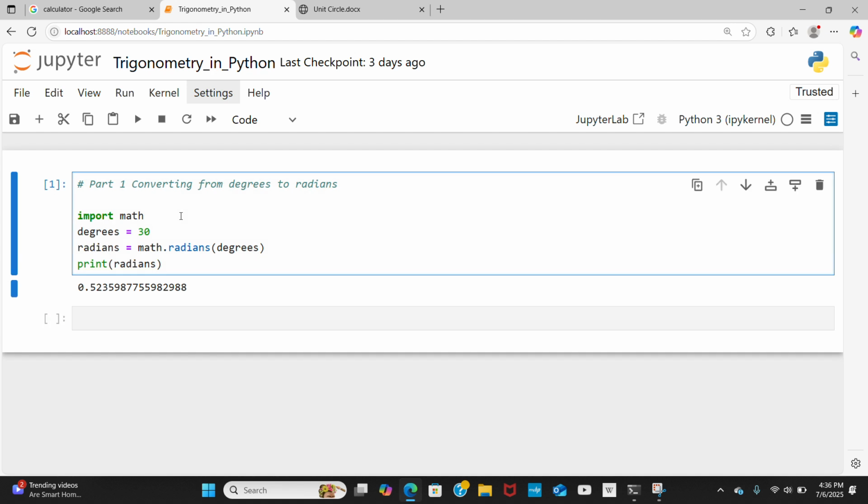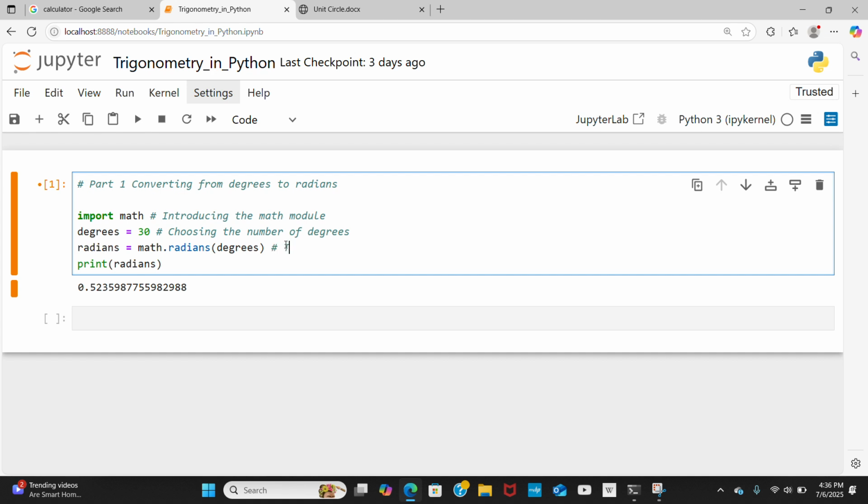So what is happening here? Well, I'm importing or introducing the math module. Now remember, a module is a file that stores mathematical functions. Now right here, I'm choosing the number of degrees.